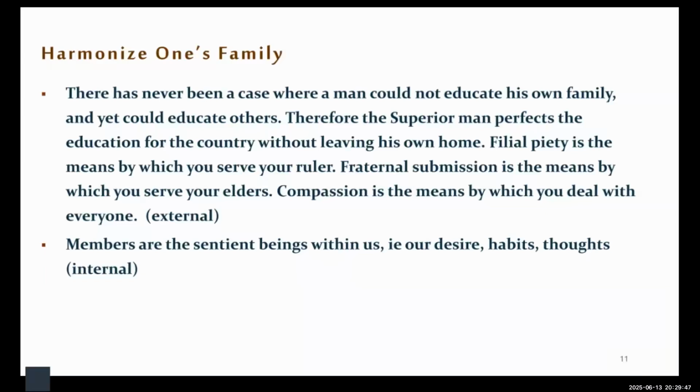Therefore, the superior man perfects the education for the country without leaving his own home. A home is like a small country, and if each family is well organized and well governed, then we will have a very orderly society.